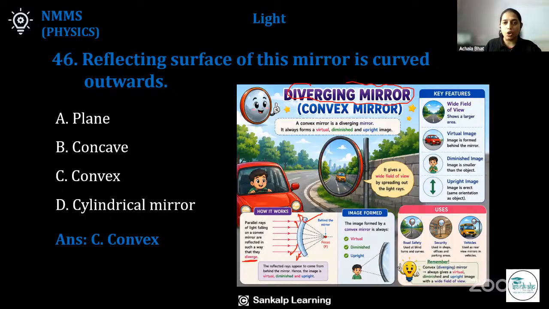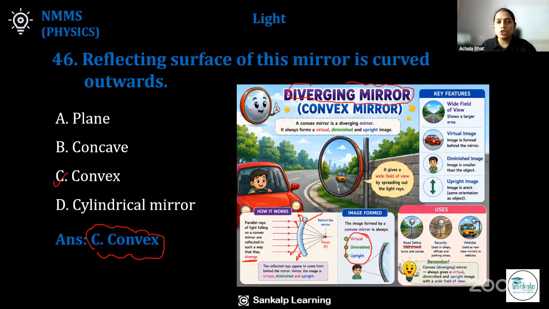This is a convex mirror. Usually they are used as rear view mirrors and for road safety. So actually they form virtual, diminished and upright images.